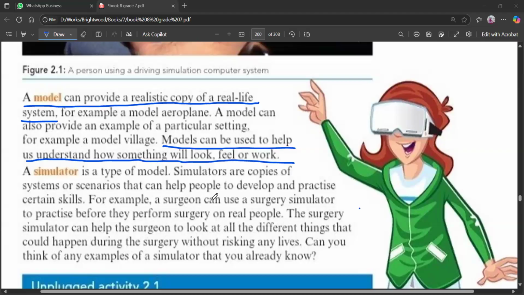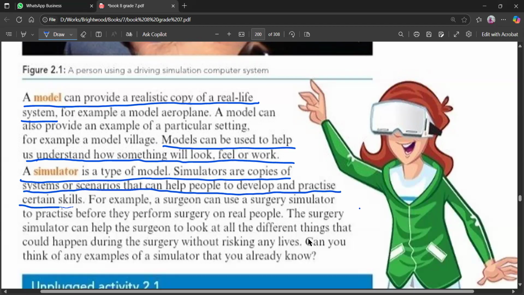It is a copy of a system or scenario that helps people develop and practice certain skills. For example, a surgeon can use a surgery simulator to practice before performing surgery on people.